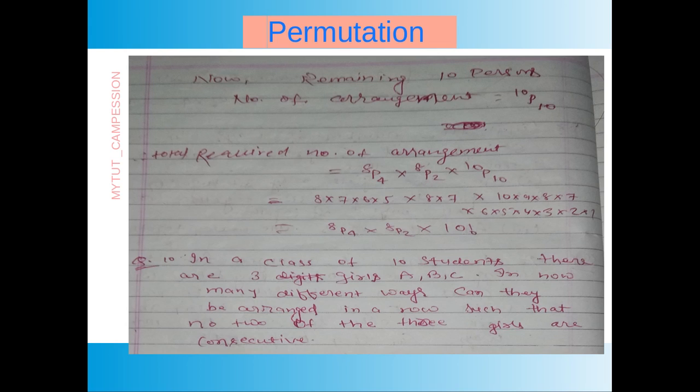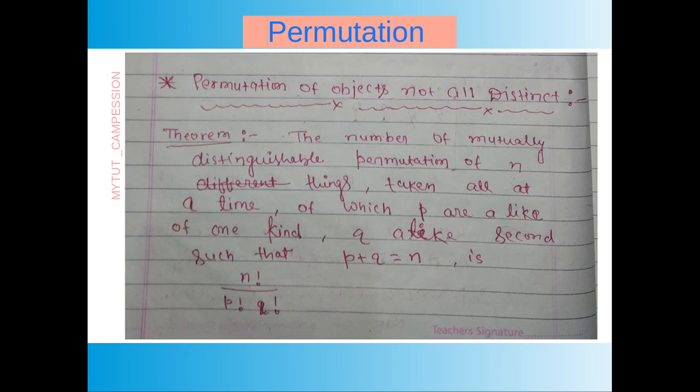That means no two of the 3 girls should ever be together. In a class of 10 students there are 3 girls A, B, C. In how many different ways can they be arranged in a row such that no two of the 3 girls are consecutive?